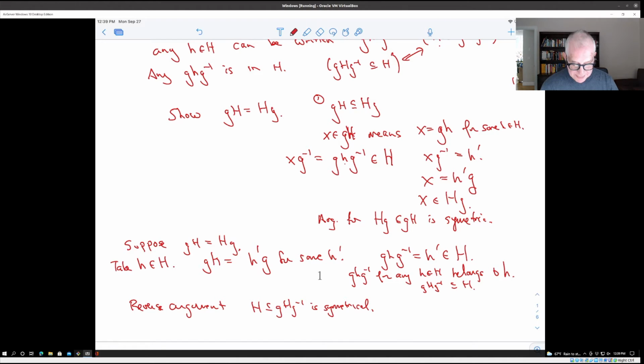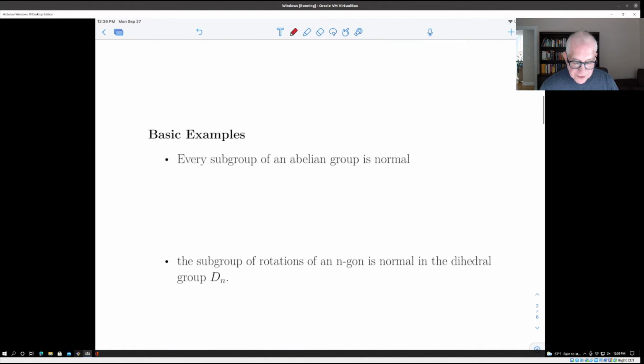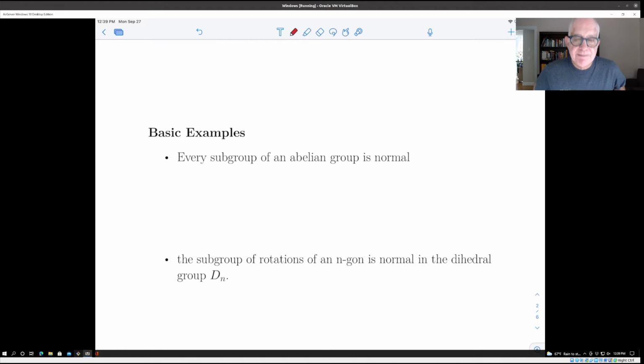Now let's look at some examples. The first and simplest example, and maybe one of the reasons why the idea of a normal subgroup seems unfamiliar, is that every subgroup of an abelian group is automatically normal. So if you were used to working with abelian things, you don't have to worry about normality. Everything is normal. The reason for this is that, suppose we have an abelian group G, and H is a subgroup.